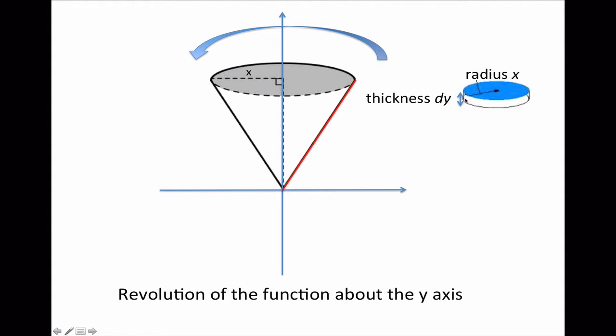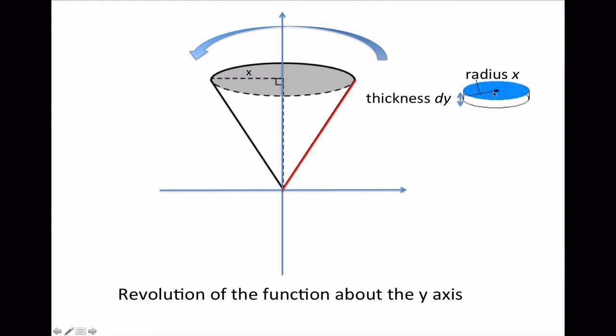The radius this time is x, and the thickness is a tiny bit along the y-axis, instead of along the x-axis as before. Because it's a small thickness along the y-axis, we call it dy.